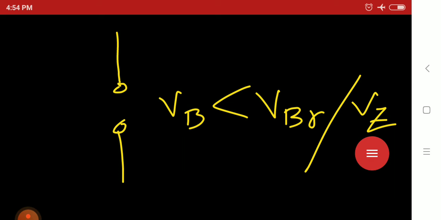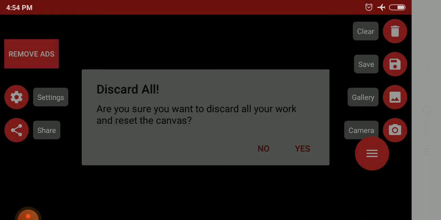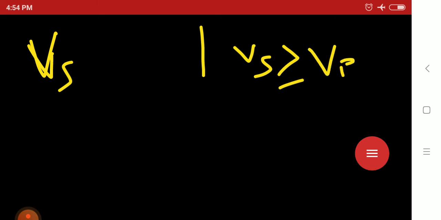Let us consider the input voltage is Vs. When Vs is greater than or equal to the breakdown voltage, a sharp current is achieved because it is crossing the breakdown voltage.